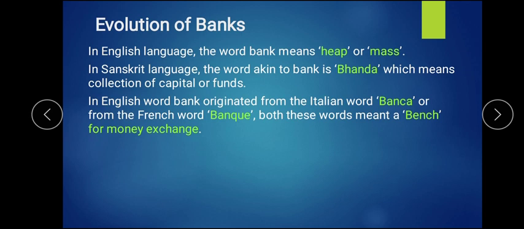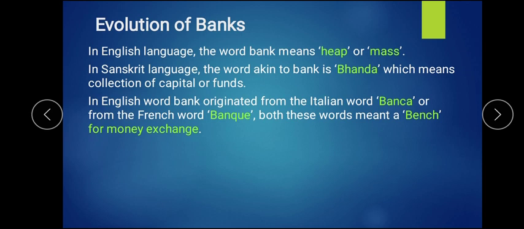In olden days, there were European money lenders, money changers in Europe. People came from different countries and exchanged foreign currency; if you have rupees, you convert them into dollars, if you have dollars, you convert them into pounds, and so on. This was done on a particular bench.